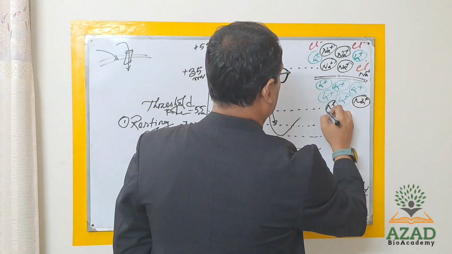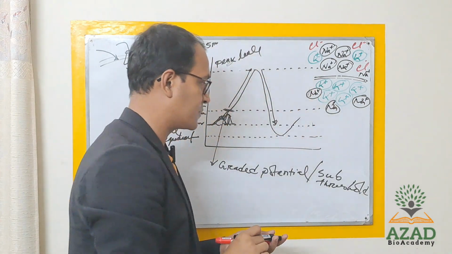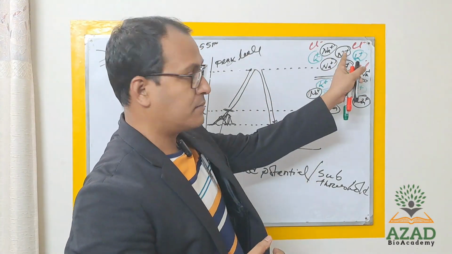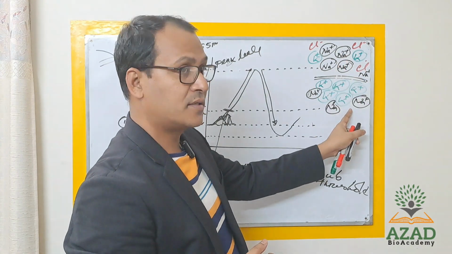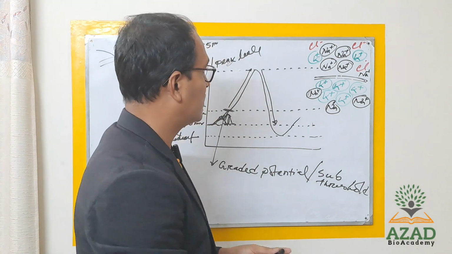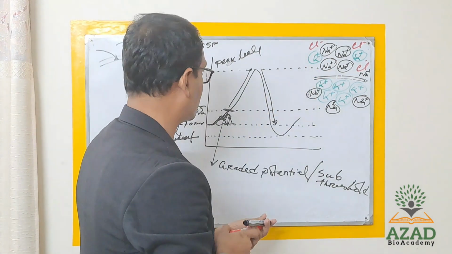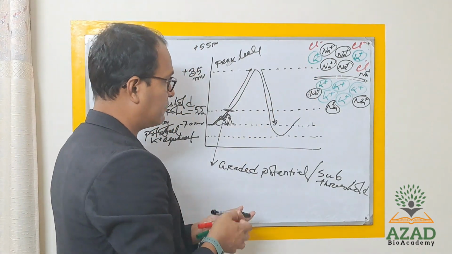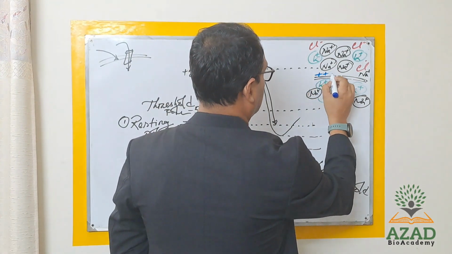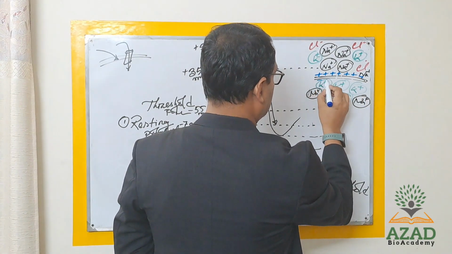So you can say in the normal resting state, outside of the membrane sodium is very rich compared to the inside, and inside the cell, potassium is very rich. So the overall intensity of the potential across the membrane is this: outside of the membrane, the intensity is positive, and inside is negative.